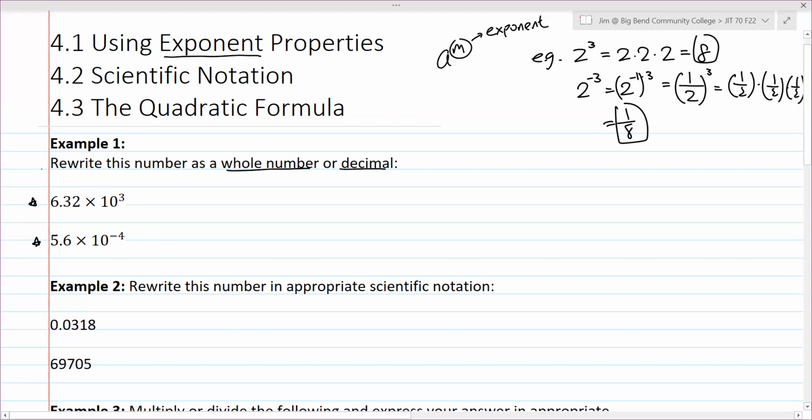And 10 to the 3 can be figured out using the method we had before. One reminder is that when you have a scientific notation, you only have 1 digit before the decimal point. That is the condition needed for scientific notation.